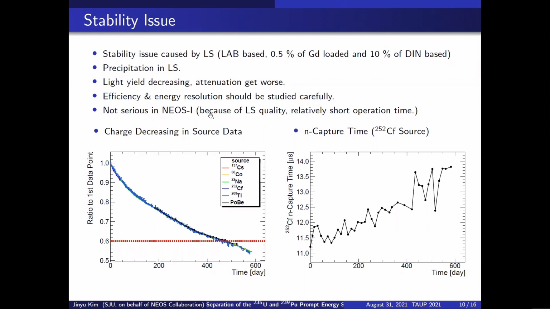Actually, it was not an issue for NEOS 1, but precipitation was also generated when NEOS 1 was finished and the detector was opened. This plot shows charge decreasing in several source data, and this shows changes of neutron capture time. Charge value is corrected for time, but resolution remains getting worse.